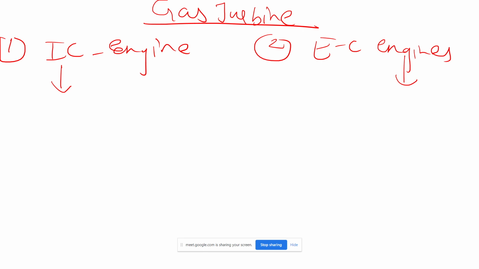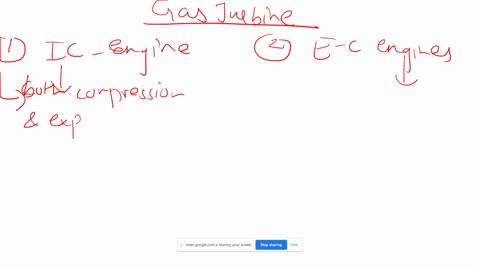So we'll write some notes regarding internal and external combustion engines. My handwriting is not good, so please deal with it.